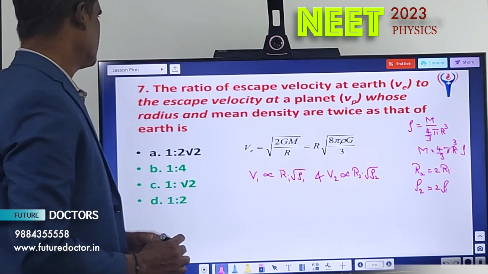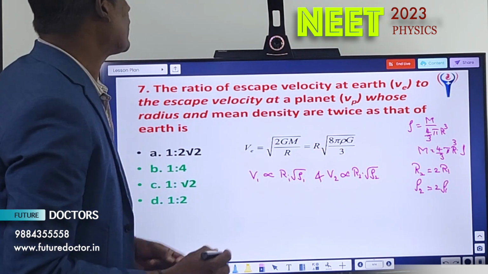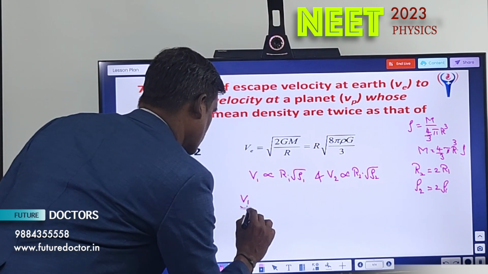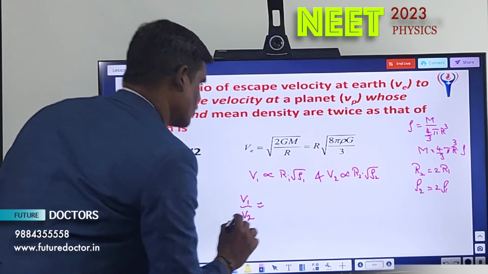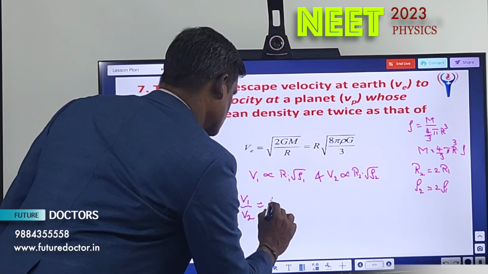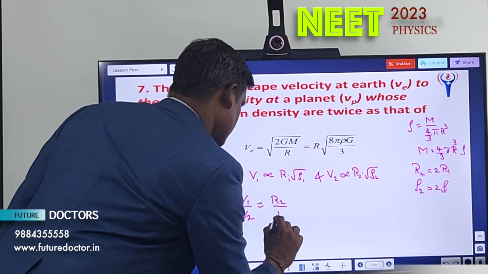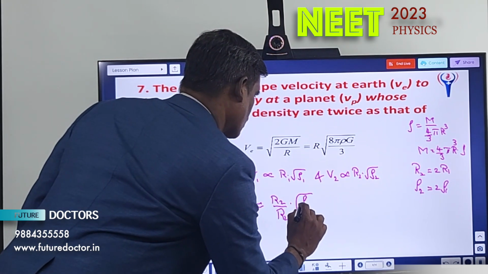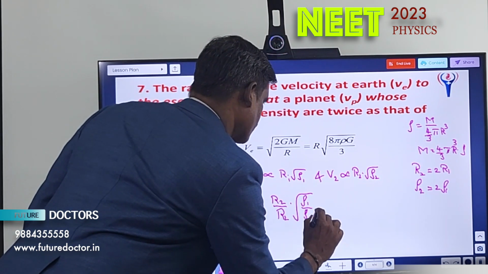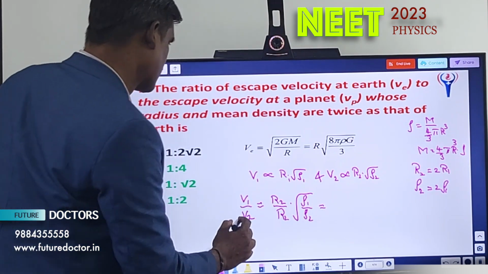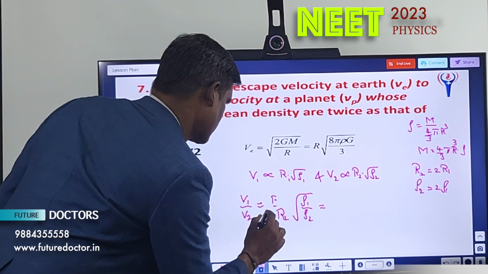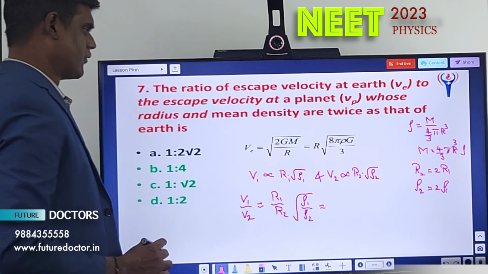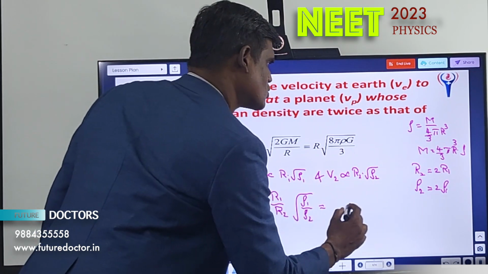Then what do you want to find? You want to find the ratio of escape velocity of Earth. So V1 by V2. V1 by V2 equal to R1 by R2 into square root of rho 1 by rho 2. Yes, this is R1 by R2, because V1 by V2 only we are finding, and R2 is 2R1.